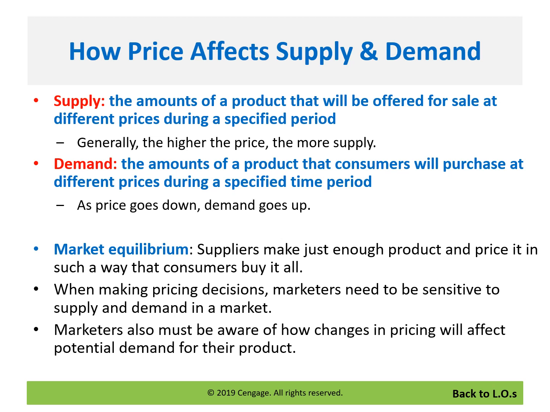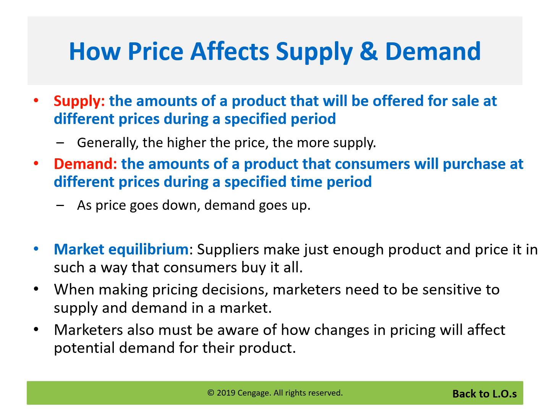Supply is the amounts of a product that will be offered for sale at different prices during a specified period. Generally, the higher the price, the more the supply. Demand is the amount of a product that consumers will purchase at different prices during a specified time period. As price goes down, demand goes up.